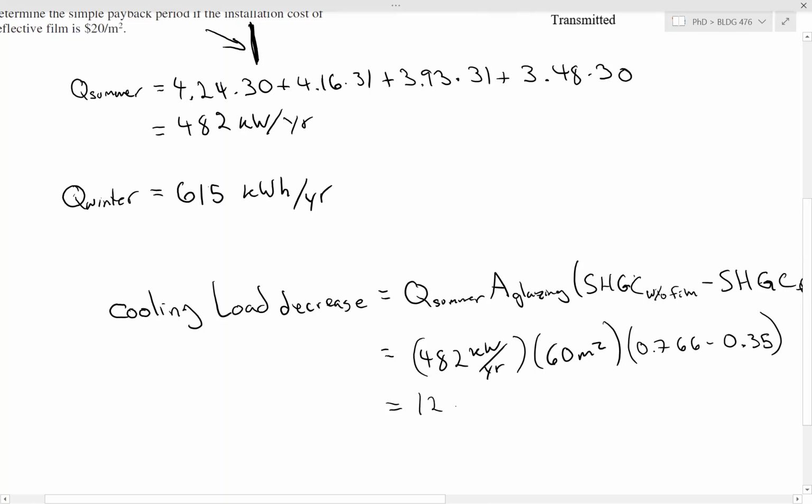And this is 12,031 kilowatt hours per year.